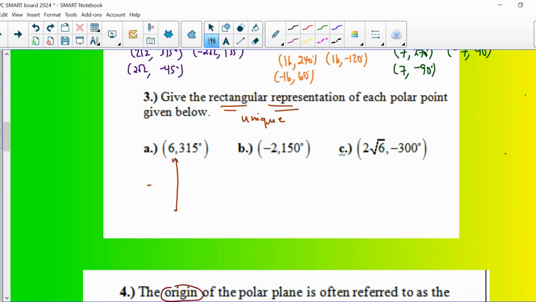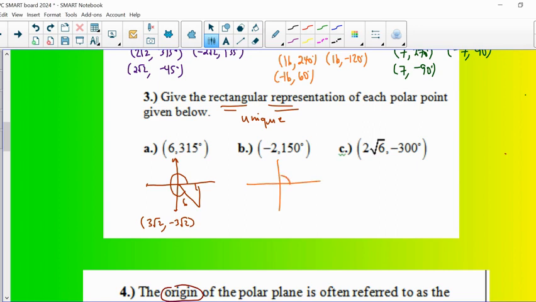So 6 comma 315. You go 315 degrees, you go out 6. Well, that's a 45, 45, 90 triangle. So that has to be 3 root 2, negative 3 root 2. Next one, 150 degrees with a radius of negative 2.